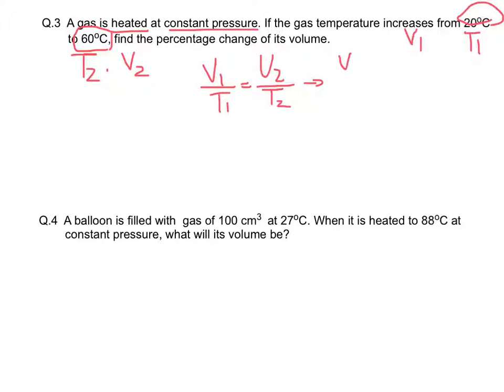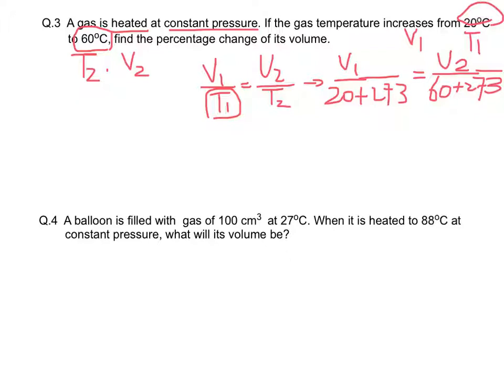Remember the temperature should be changed from degrees Celsius to Kelvin. Therefore, T1 is 20 plus 273 and T2 is 60 plus 273. Therefore, V2 over V1 equals 333 over 293.